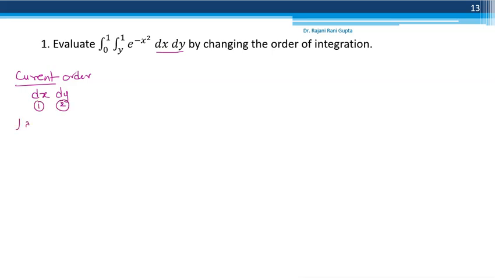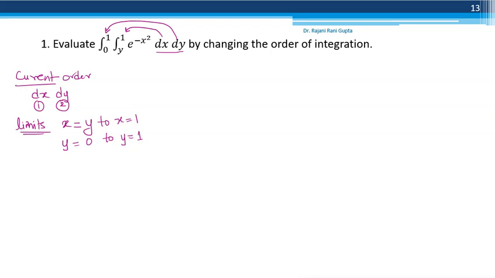And what are the limits? Let's write down the limits. What are the limits for x? Yes, x varies from x equal to y to x equal to 1, and y varies from y equal to 0 to y equal to 1.